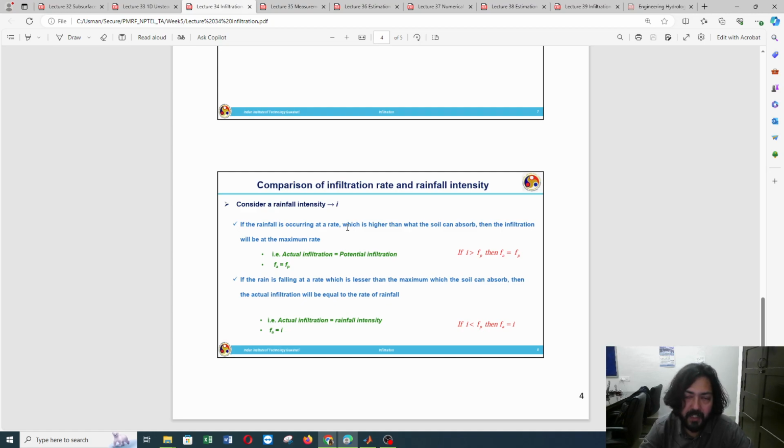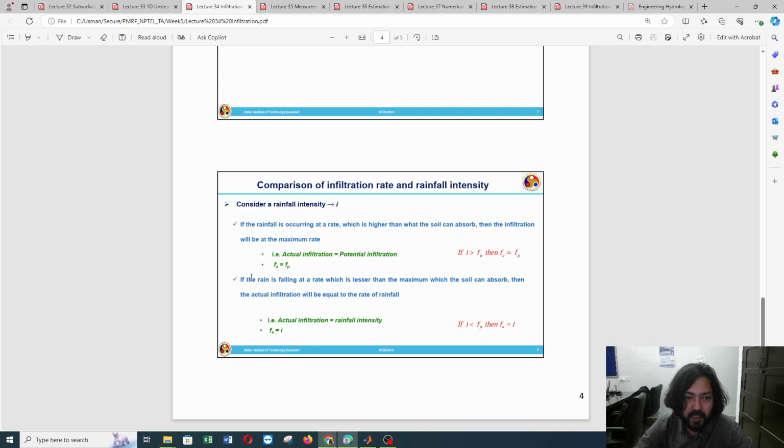It can only absorb 10 centimeter of water per hour, but the rainfall intensity which is occurring at that time is 15 centimeter per hour, right? So the rainfall intensity is more than the infiltration capacity of soil. So over that period, what will happen? The excessive amount of water will be stored above the ground surface, and that is called ponding of water. So this is the first case, which says rainfall is occurring at a rate higher than the soil can absorb. Then the infiltration will be at maximum rate, right? This is the first case.